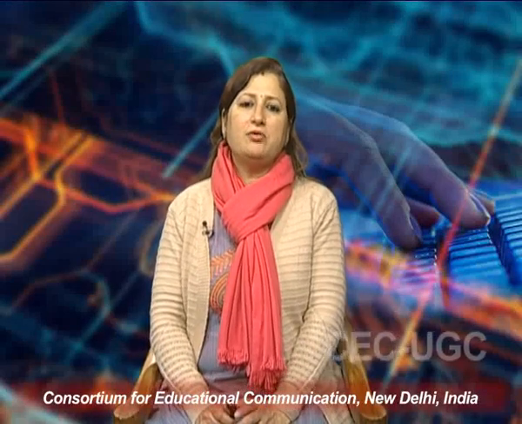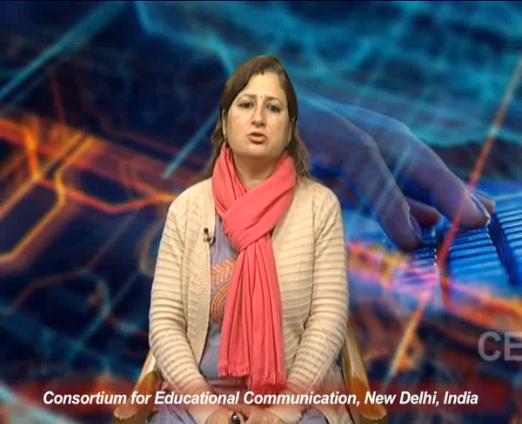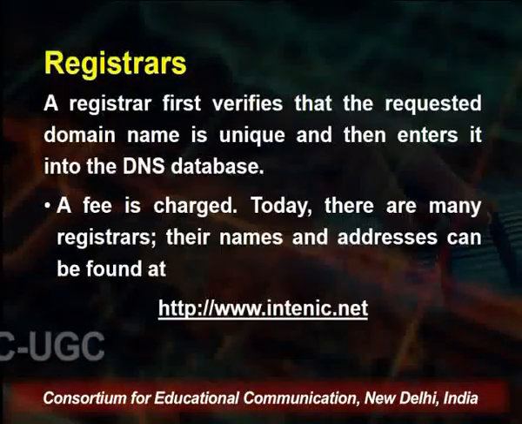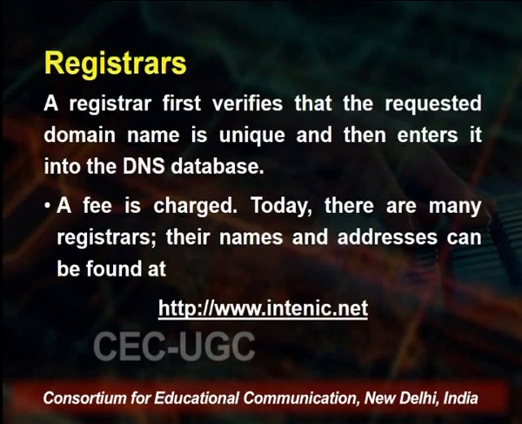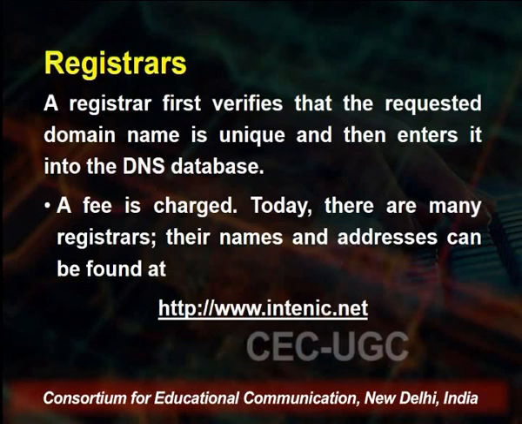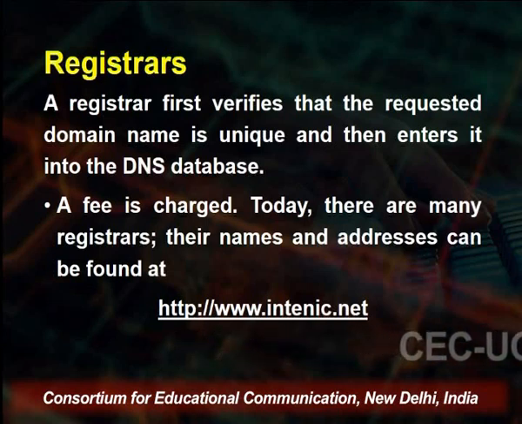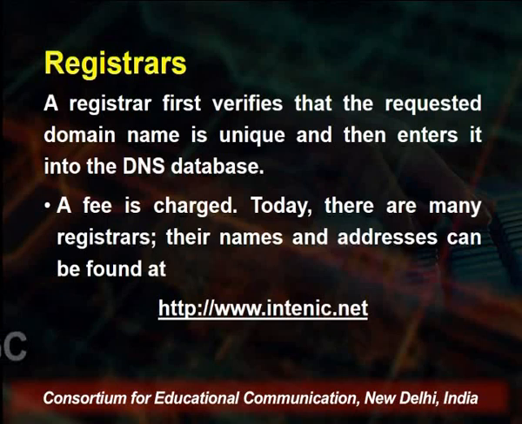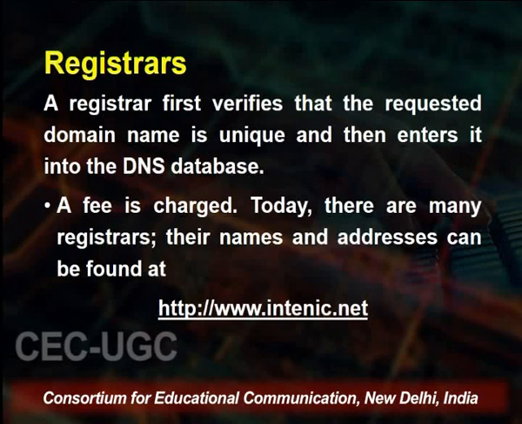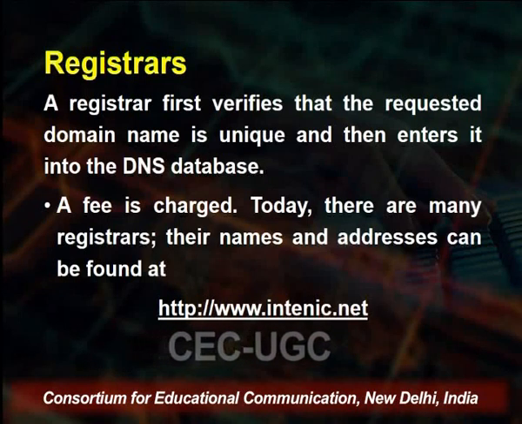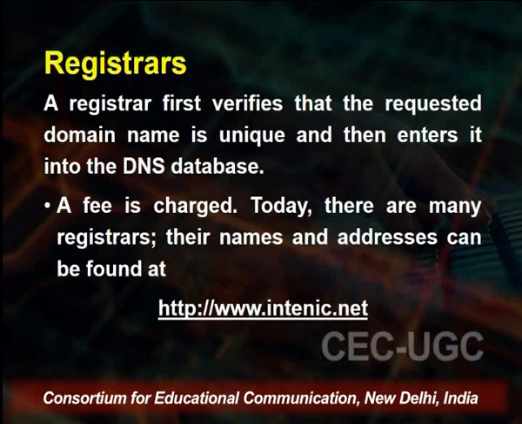When a person goes to the registrar, he will first verify that the requested domain is unique and enters it into the DNS. Of course, a fee is charged for this, and there is a particular link on which you can find out what domain names have already been taken.